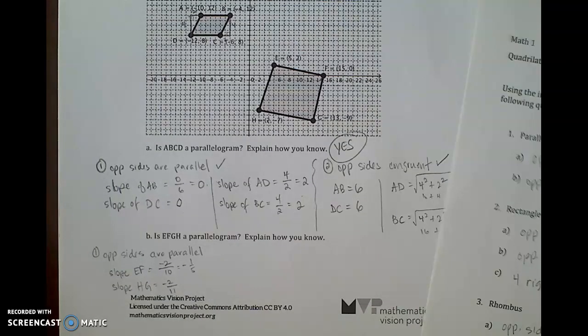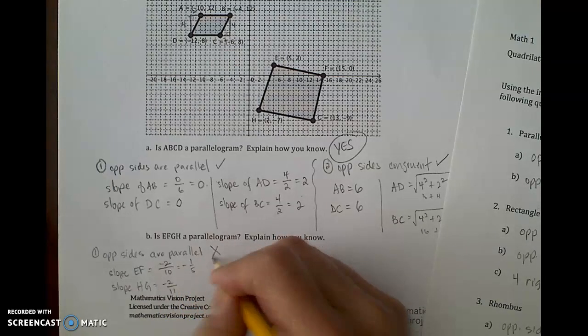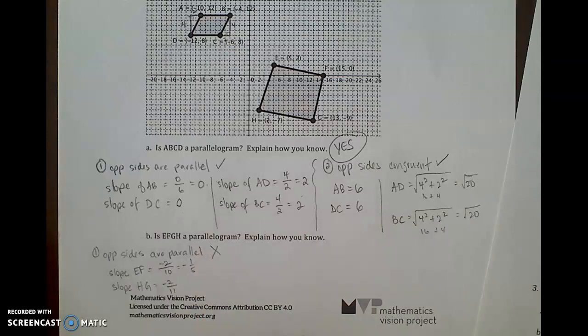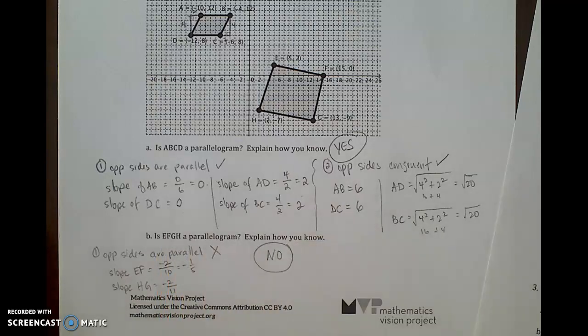Because EF and HG are not the same slope, they are not parallel. So I'm going to put a big X here, and because we did not satisfy that first requirement of opposite sides being parallel, we can answer, is EFGH a parallelogram? And we're going to say it's a big no, because the opposite sides are not parallel.